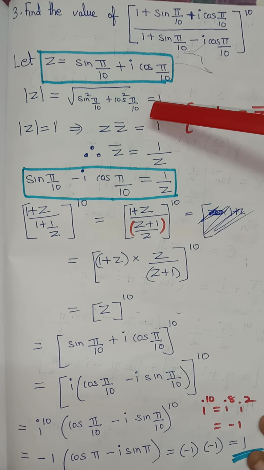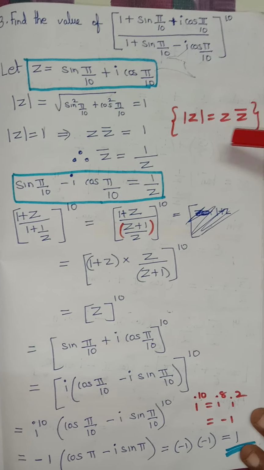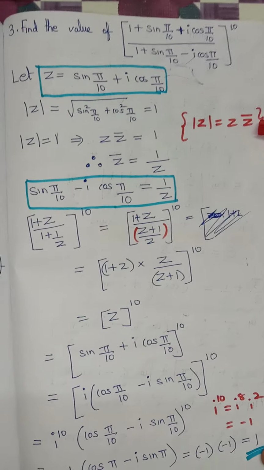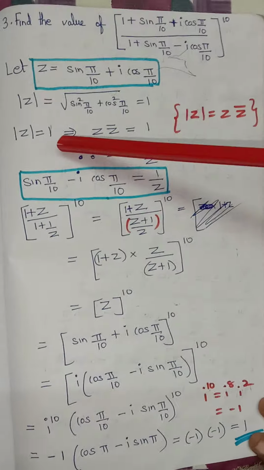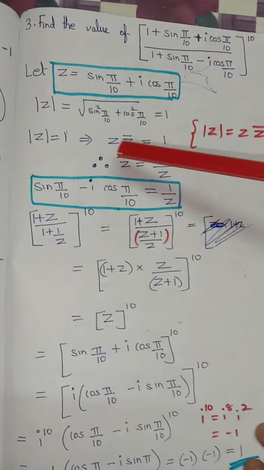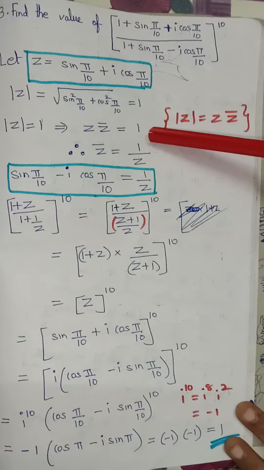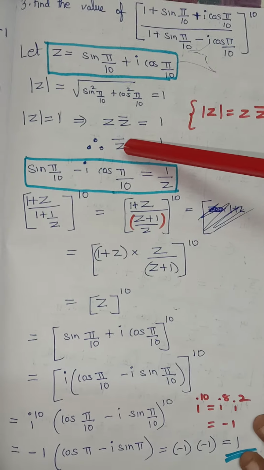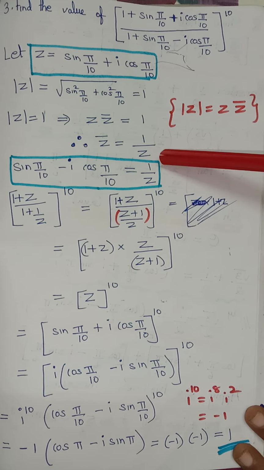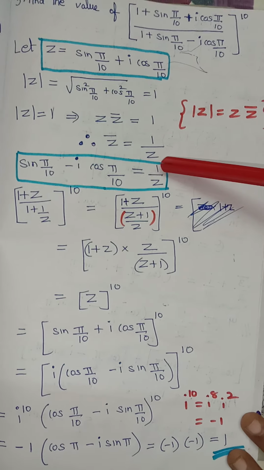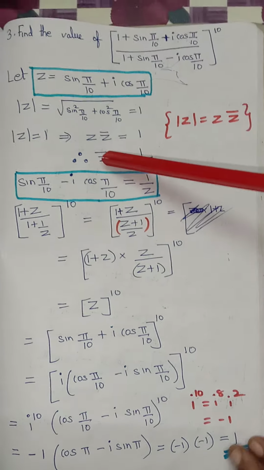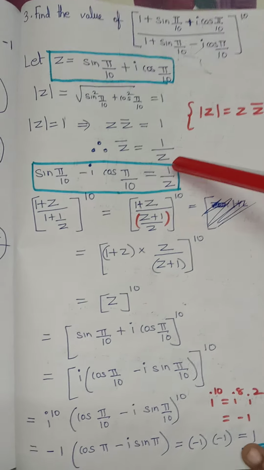We know a property: modulus of z squared is nothing but z into z conjugate. So modulus of z equal to 1 can be written as z into z conjugate equal to 1. From this we will have z conjugate equal to 1 by z. If I bring the z here, it will become 1 by z. So I have proved that z conjugate is equal to 1 by z.